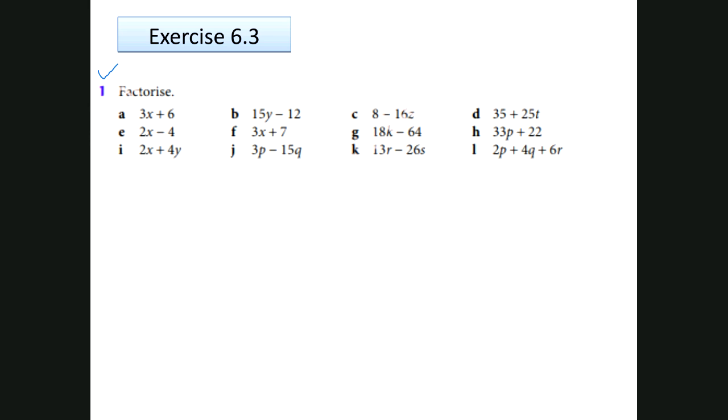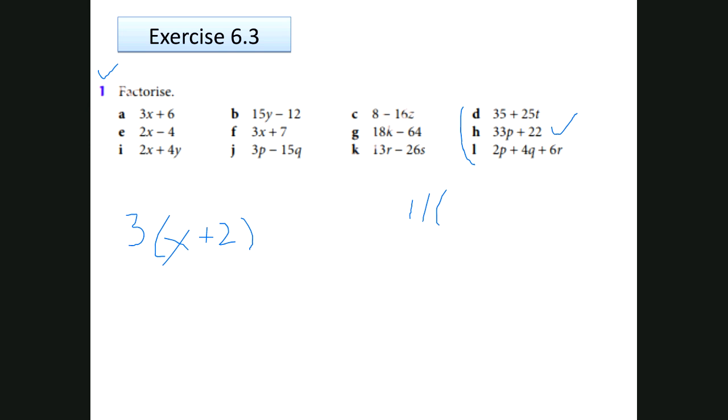Exercise, if you can see here, look, 3x plus 6. What is the HCF? 3 is the common. So what is remaining? When you divide by 3, x will remain, plus 3 twos are 6. Now come to this side. Let me solve the H part. 33p and 22. What is the HCF? Can anyone tell me? 11. Nice. 11 is the HCF. P is here, but over there is no p, so p cannot be the HCF. So 11 is your only HCF.